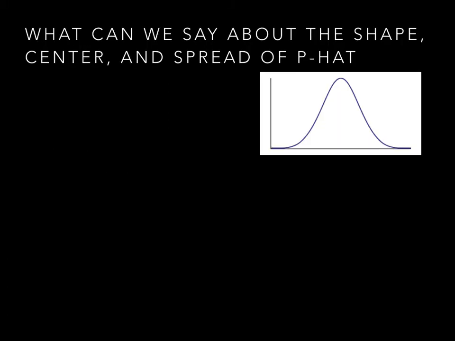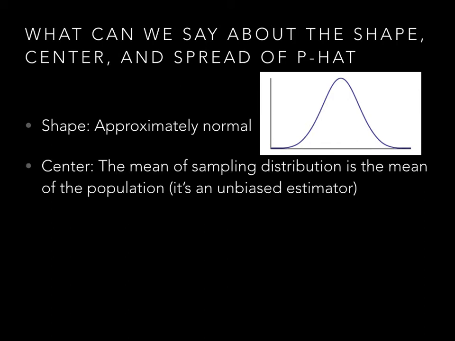So, what can we say about the shape, center, and spread of p hat? Well, fortunately, when we gather enough data, it will eventually turn into our normal curve. The shape of it is approximately normal. The center of p hat is going to be equal to the proportion of the population, so that makes it an unbiased estimator.